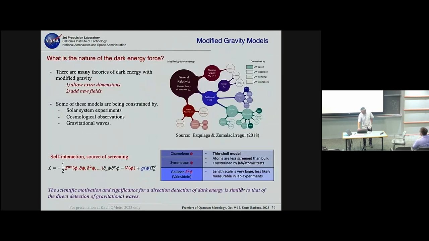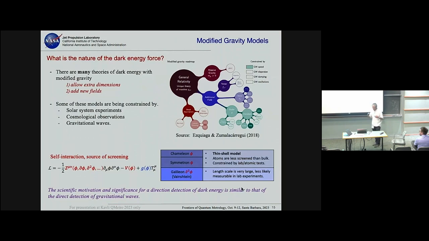There was a little bit of dark energy discussion earlier in terms of the different models of dark energy: the thin-shell models, chameleon and symmetron, and the Galileon field, which is, I would say, a much better astrophysically motivated model.